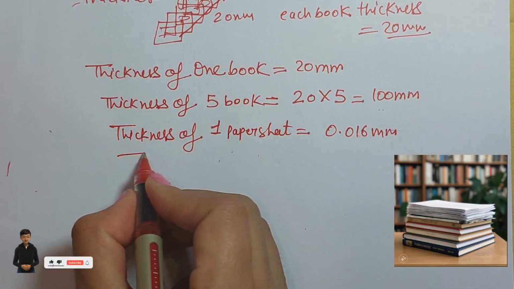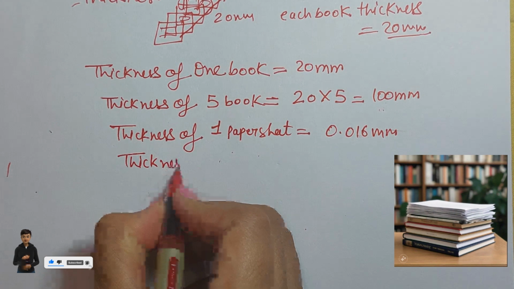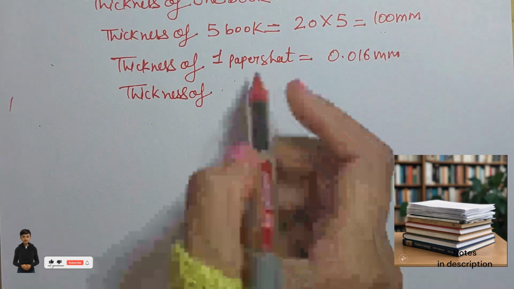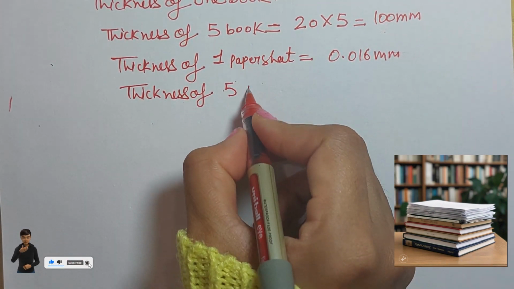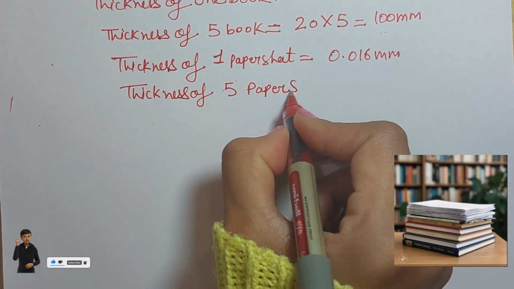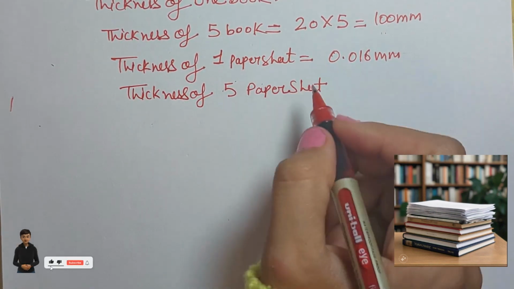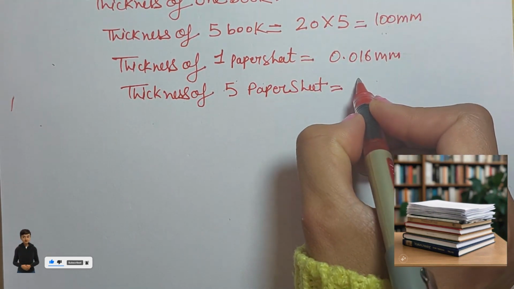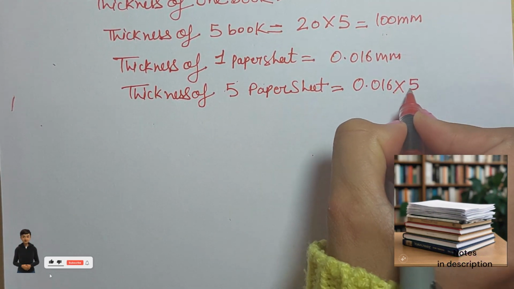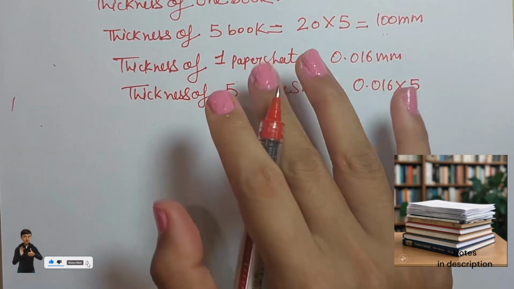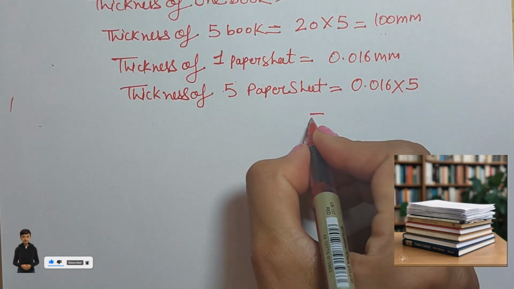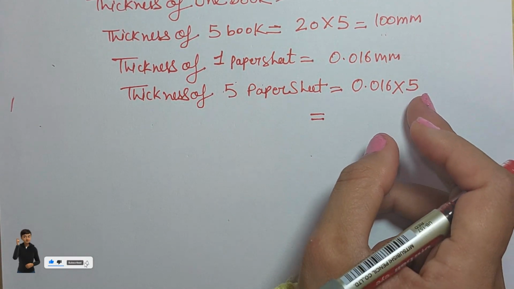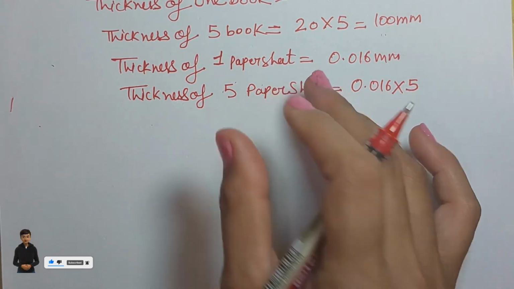Then we will write the thickness of 5 paper sheets. What will we do? 0.016 into 5. Thickness of one sheet multiplied by 5 sheets. If you know how to multiply decimal numbers, then very good. But I will show you how to multiply.